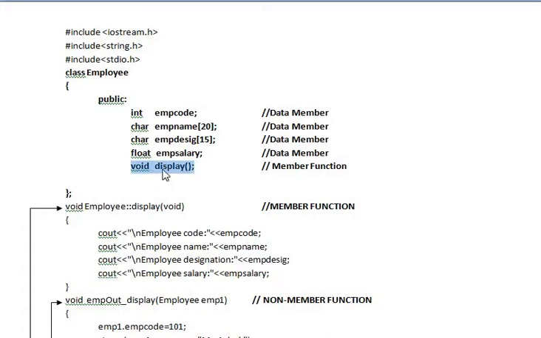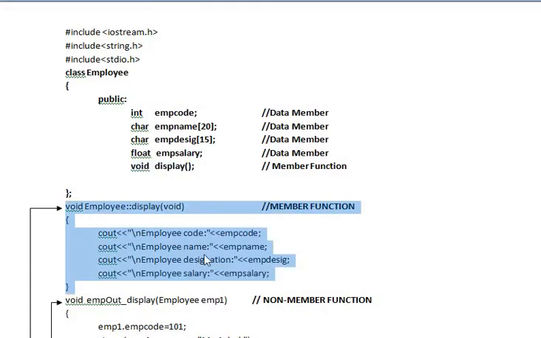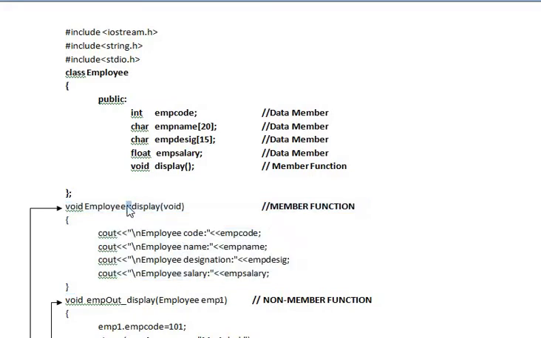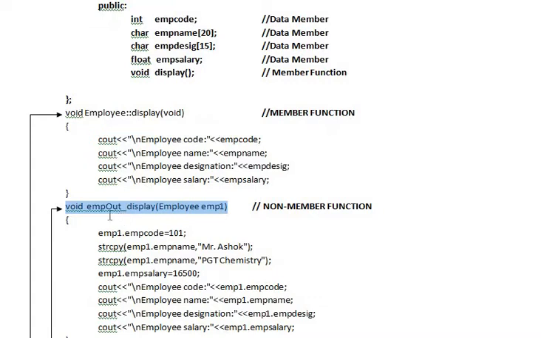We can see some abstraction in this member function known as display because the function body is absent. The function body for this member function display has been defined outside of the class with the help of the scope resolution operator. Then if you come below, you can see another function identified by the name empout_display. But if you see this function clearly, this has not been declared inside the class.